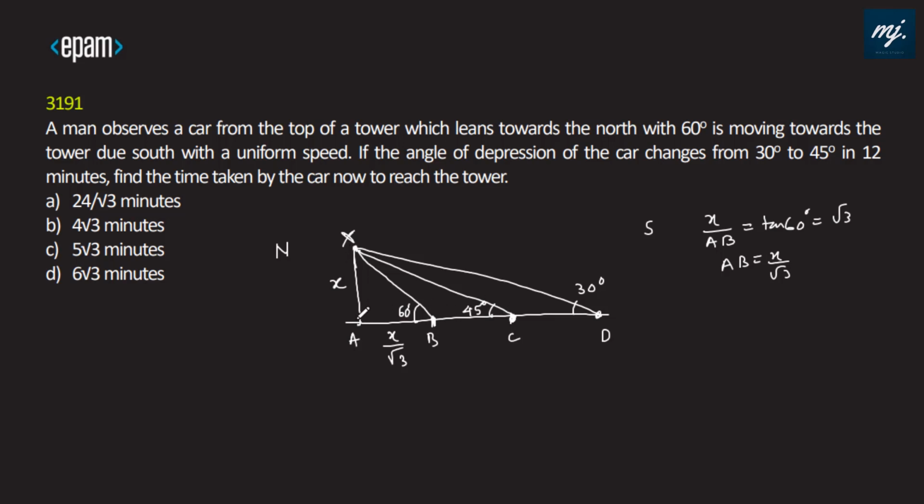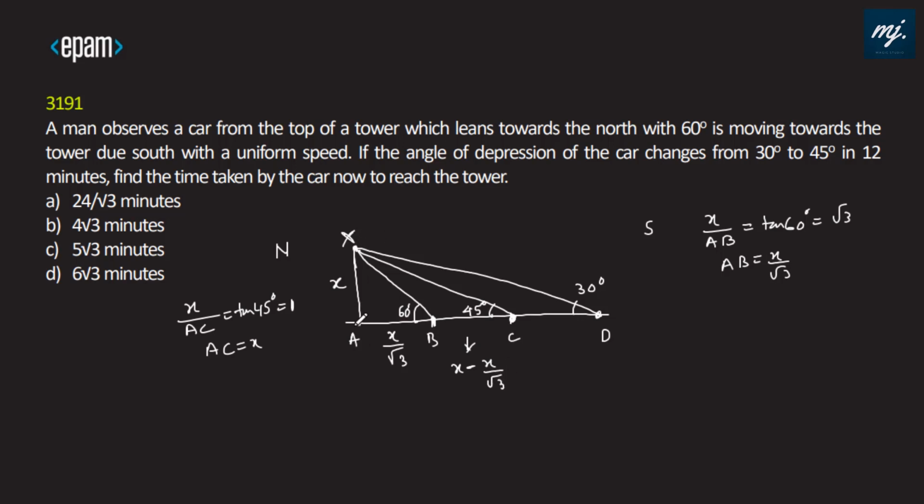Then obviously AC is also x, because tan 45 degrees is equal to 1. That means x by AC is tan 45 degrees, and tan 45 degrees is 1. That means AC is x. If AC is x, then the distance CB would be x minus x by root 3.